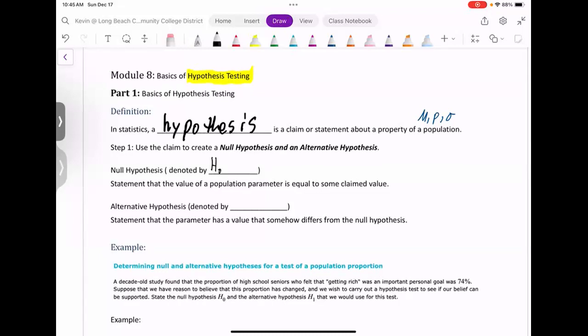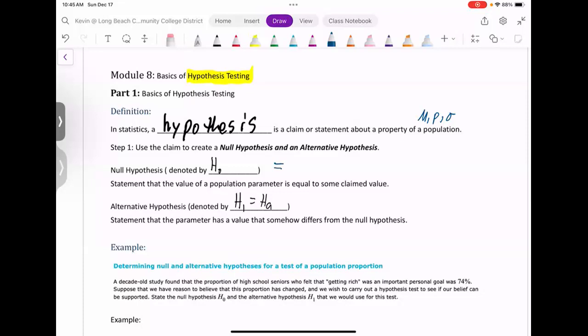And our alternative hypothesis, meaning something that differs from our original null hypothesis, is going to be H sub 1. And sometimes you'll see in studies H sub a for alternative hypothesis. And this is a statement that the parameter has a value that somehow differs from the null hypothesis. What that means for us is when we start with a claim with our null hypothesis, we're always going to be equals.